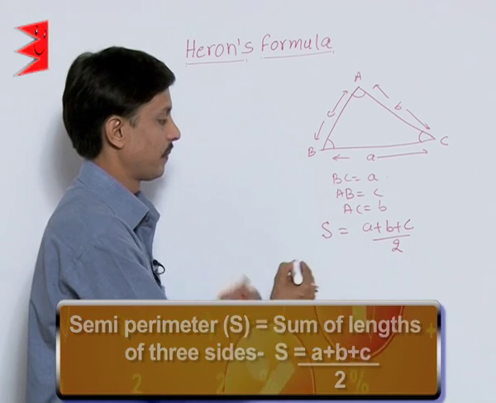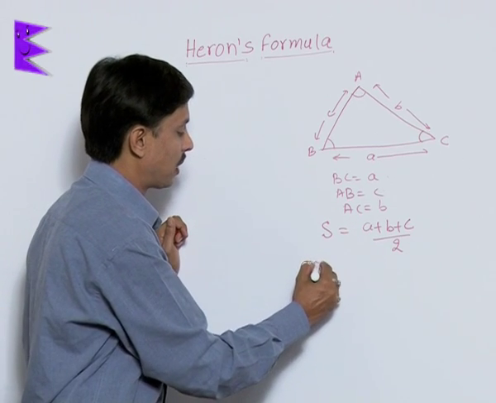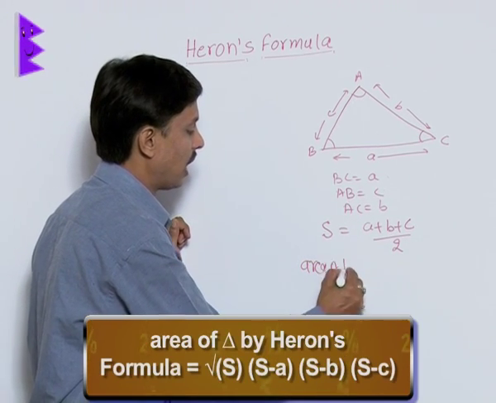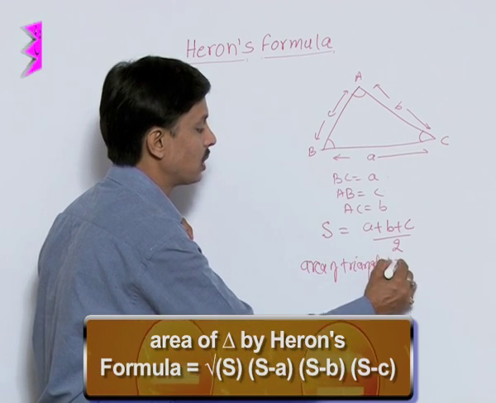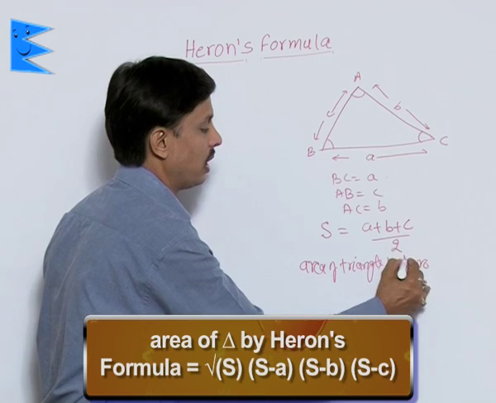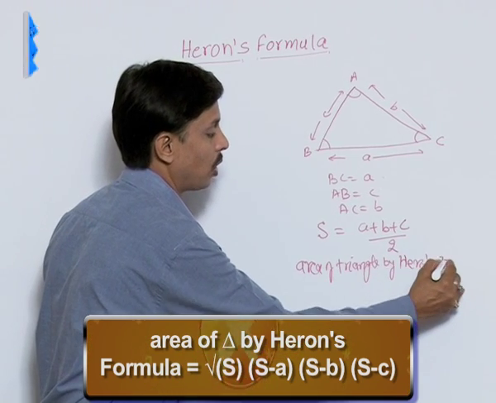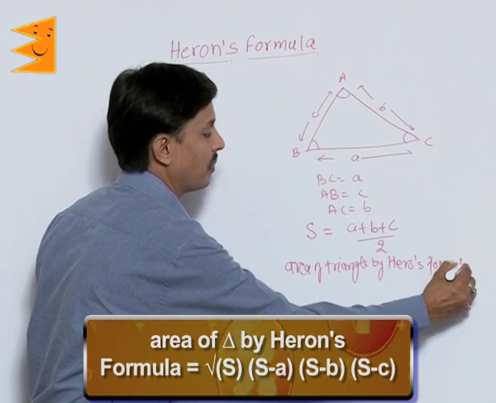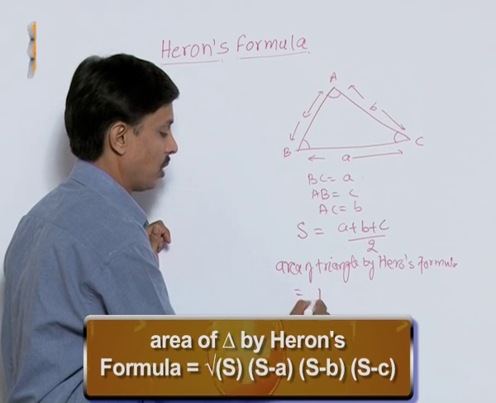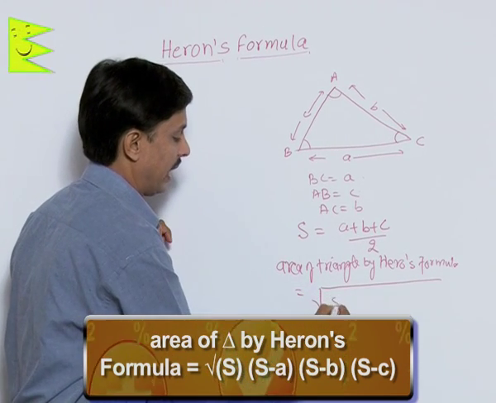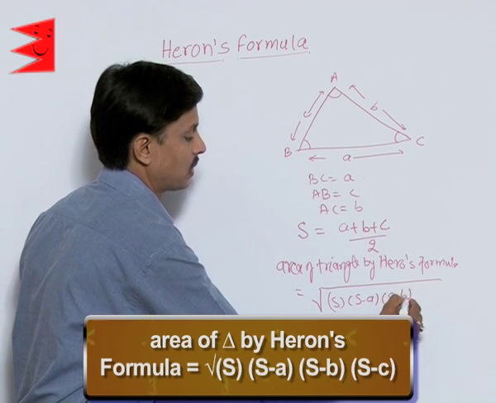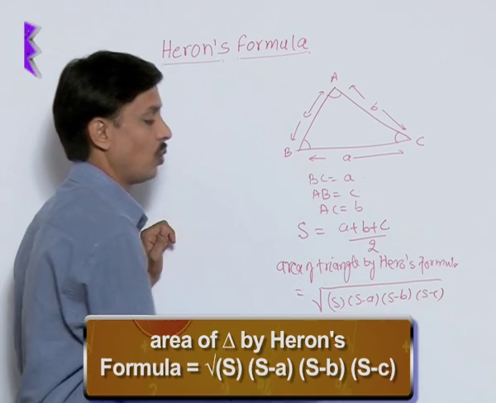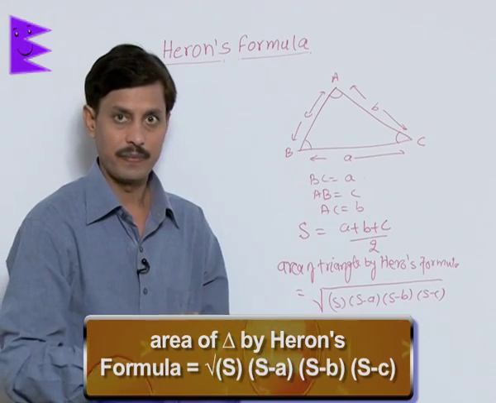This is S. The area of any triangle by Heron's formula is given by root of S into S minus a, S minus b, into S minus c.